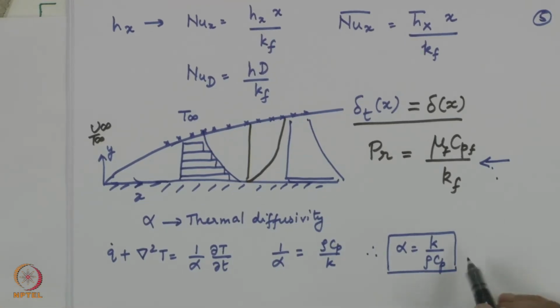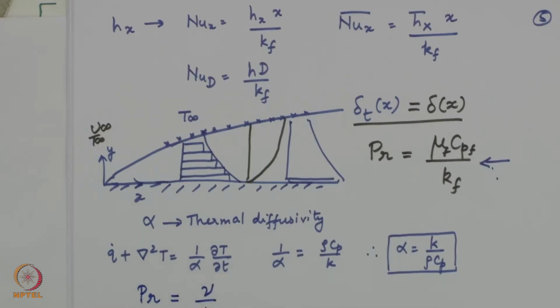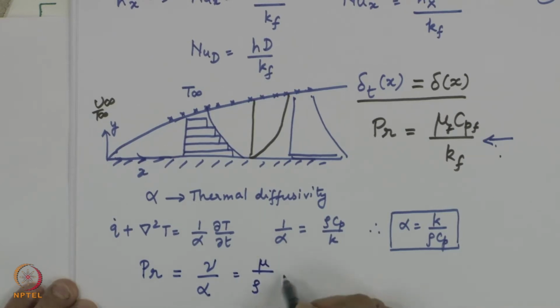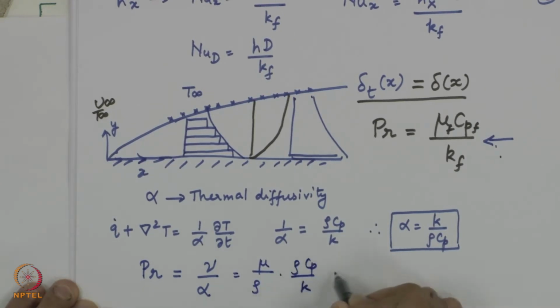The larger the thermal diffusivity, the larger K is in comparison with rho Cp, so the thermal conductivity aspect would be large. Prandtl number is actually defined as nu over alpha. Nu is nothing but mu over rho, and 1 over alpha we wrote as rho Cp by K, and that is how you get the form mu Cp by K, which we saw here.